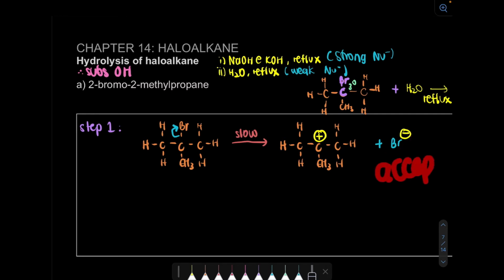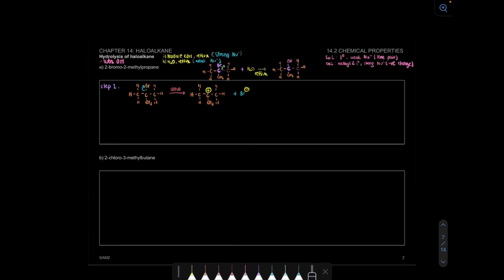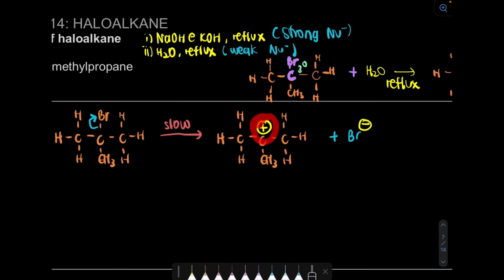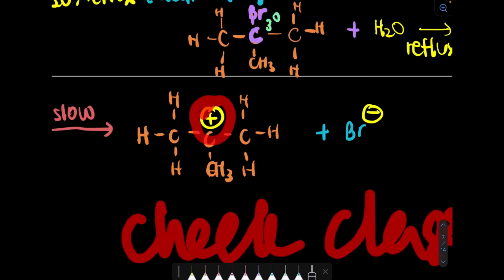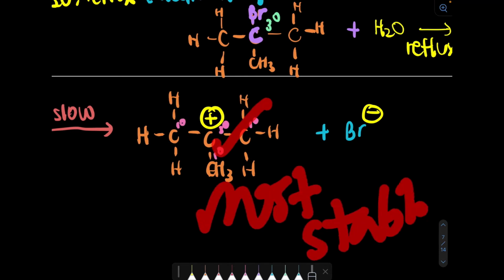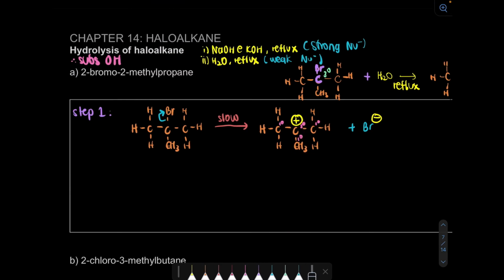Br- is a stable ion because it has already achieved octet. After that, for the formation of carbocation, we have to check the classification, because we can do rearrangement. We see the carbocation is tertiary, so it is the most stable. There is no need for any rearrangement, so we can proceed with step 2.